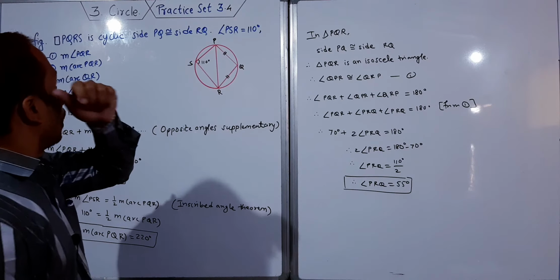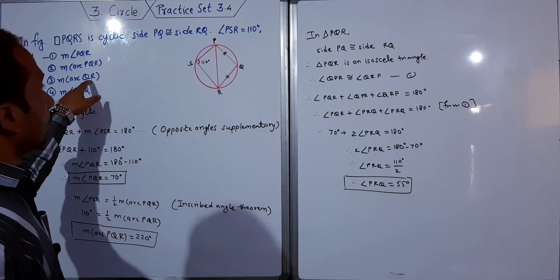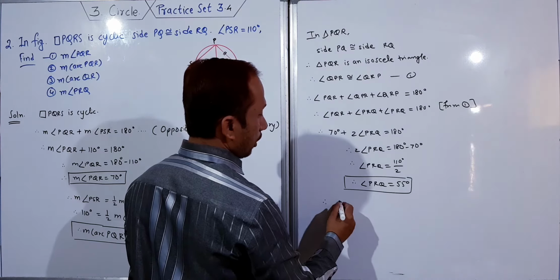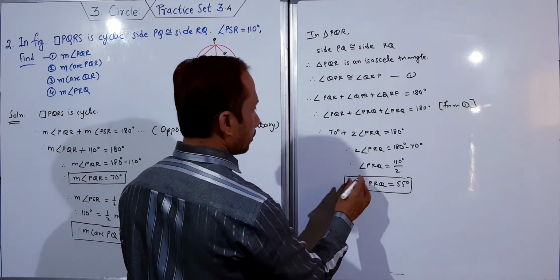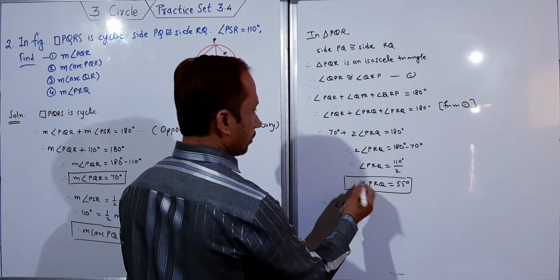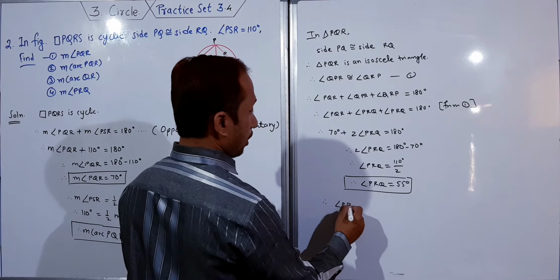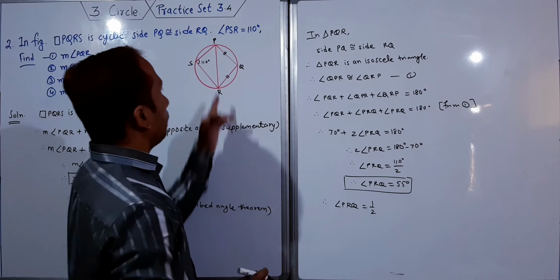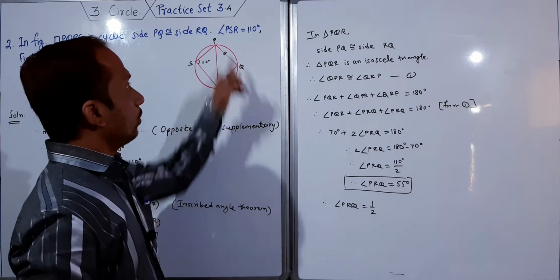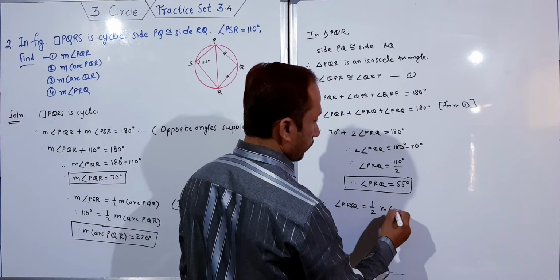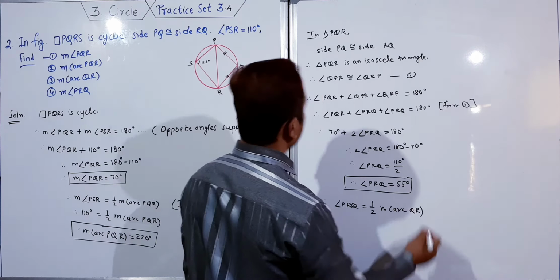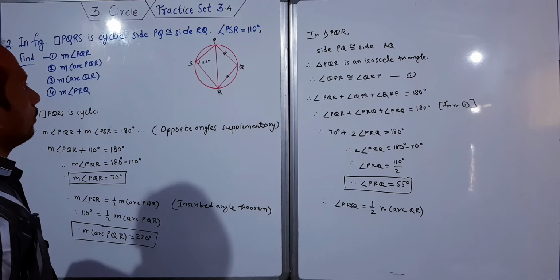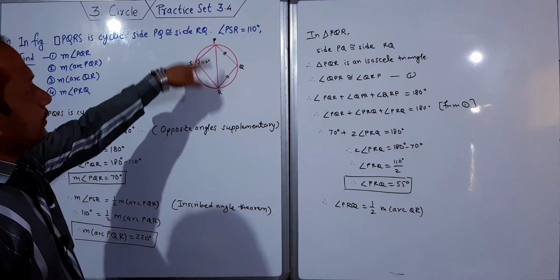You want to find arc QR. So you can simply write, therefore angle PRQ is 1/2 measure of arc QR, which we have to find.